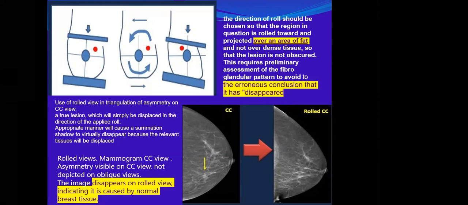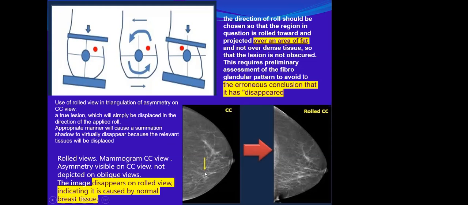You got the point. And not only that, as we mentioned, this roll is helpful to differentiate a real lesion from superimposition of tissue. It demonstrates not only the location of the lesion, but also whether it is a superimposition or a real lesion.